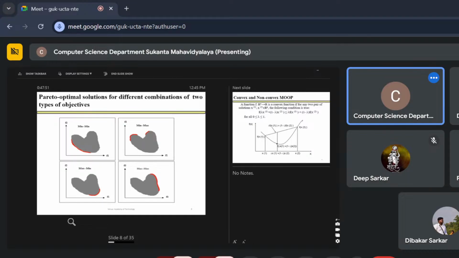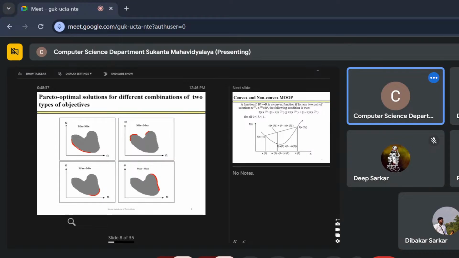Now this red marked region of an objective space, which typically constitutes the concentration of all objective solutions, is known as Pareto optimal solutions. Right? The best solutions, best optimized solutions, they form the Pareto optimal solution set.